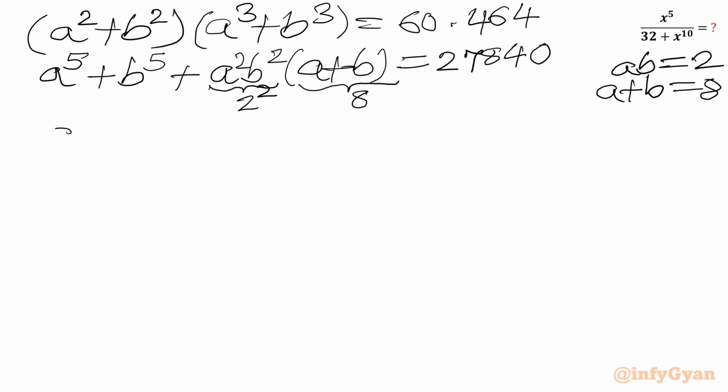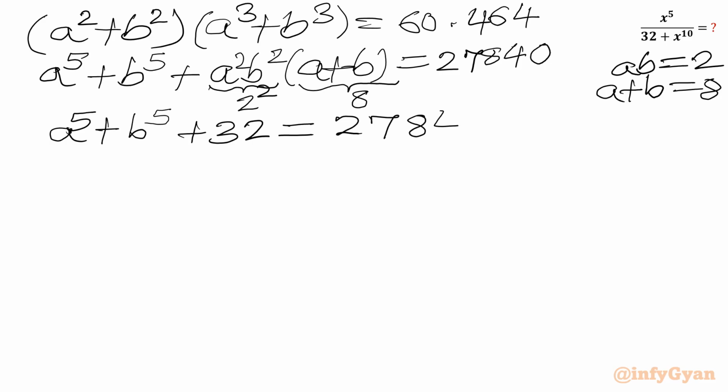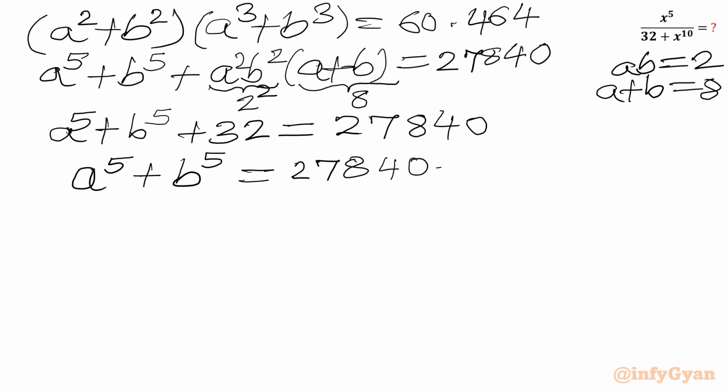So I can write here a power 5 plus b power 5 plus 4 times 8, 32 equal to 27,840, or we will get a power 5 plus b power 5 will be equal to 27,840 minus 32, which will be equal to 27,808.